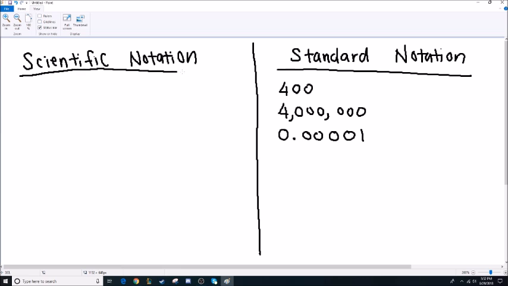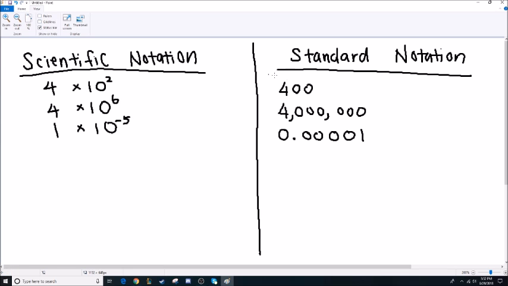And with scientific notation, our numbers are going to start looking like this. So 4 times 10 to the second power, or 4 times 10 to the sixth power, or 1 times 10 to the negative fifth power.